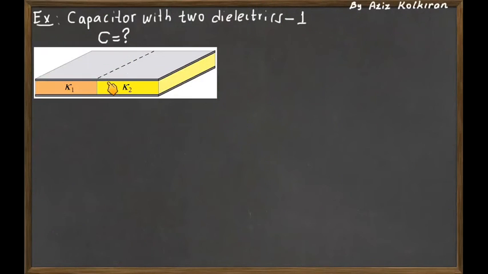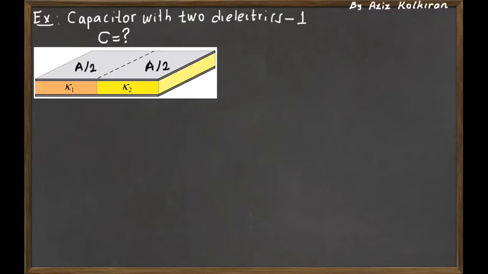Suppose we have again a parallel plate capacitor. We have two different kinds of dielectric materials in between the plates, but this time the dielectrics are not sandwiched between the plates, but side by side, and half of the region is with K1 and the other half, the right half, is K2.